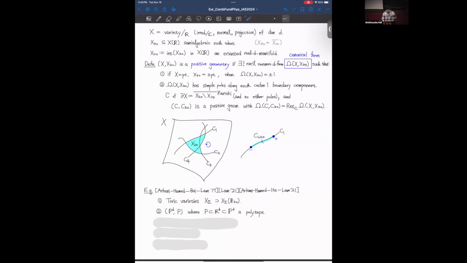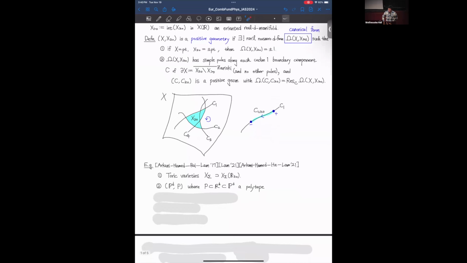Another one that's been in several talks this week so far is that if I have a polytope, let's say P, inside a real vector space, considered as a subspace in a projective space, then that is a positive geometry.